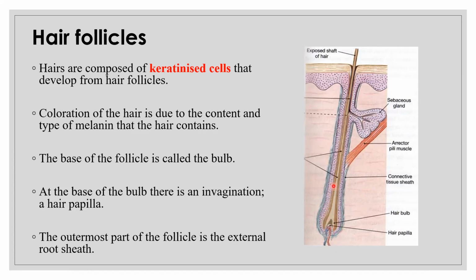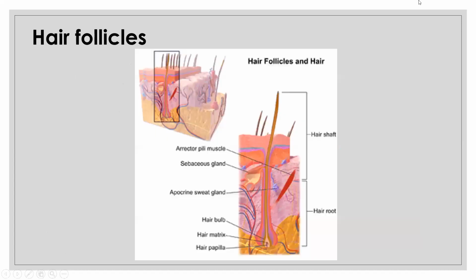The outermost part of the follicle is the external sheath. And here are the hair shaft, the hair root, the hair bulb, and the hair papilla down here.